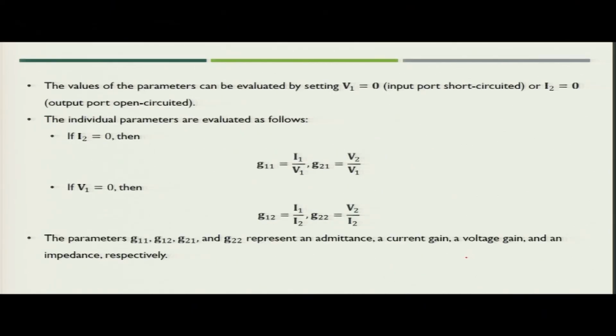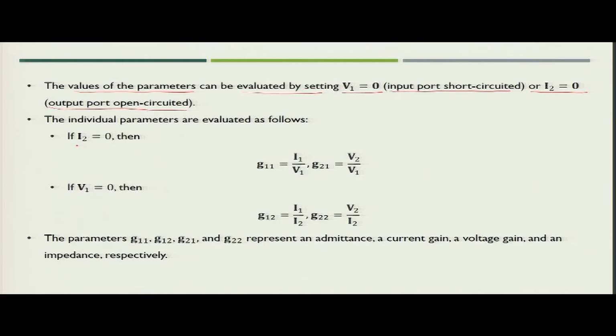Now, how will you find the values of G parameters? The values of these parameters can be evaluated by setting V1 equal to 0, that is input port short circuited, and I2 equal to 0, that means output port open circuited. In case of H parameters, we had V2 equal to 0, that is output port short circuited, and I1 equal to 0, that is input port open circuited.